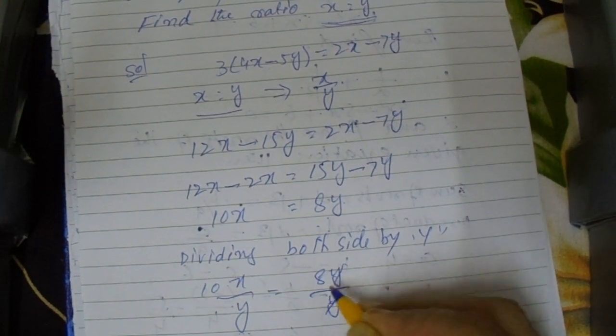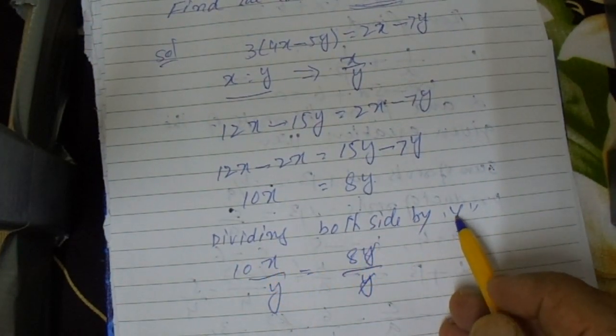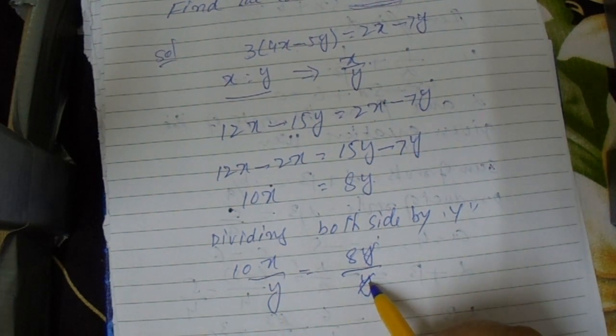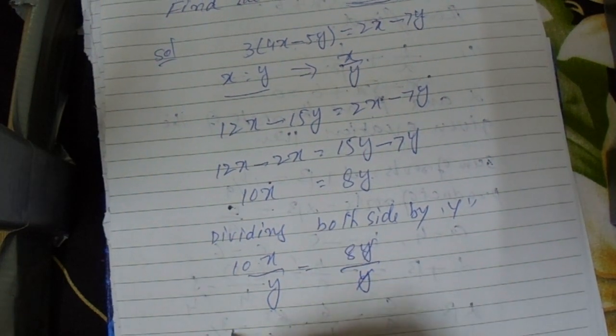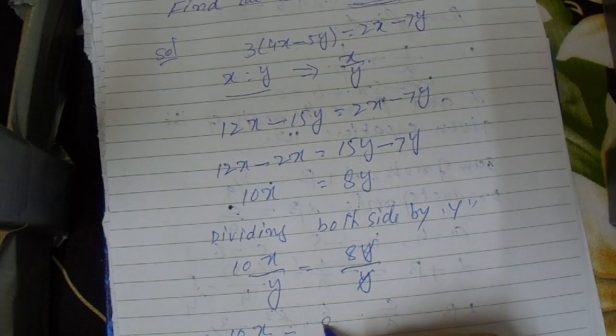This y will cancel y. First we divide both sides, we write y in the denominator here, and also write y here. Y will cancel y. So you have 10x over y is equal to only 8.